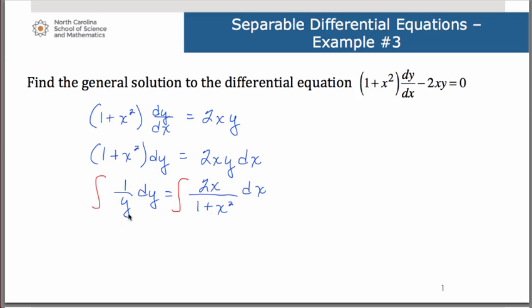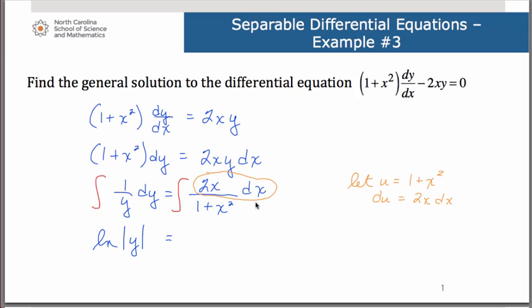The antiderivative of 1 over y dy simply is natural log absolute value of y. On the right side, though, we need to employ some u substitution. If we allow u to equal 1 plus x squared, notice how du is 2x dx, which is this part right here.